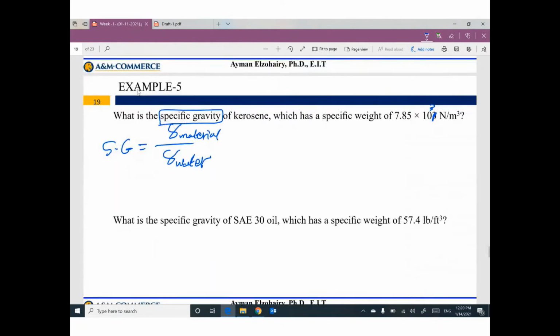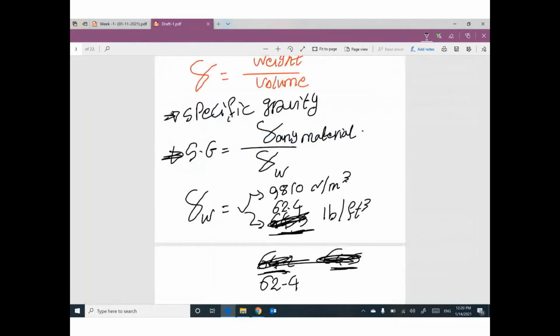Gamma of this material, which is the specific weight of kerosene, equals 7.85 times 10 to the power 3 Newton per cubic meter. The value of gamma water is not given in the problem, but you have to remember it. Gamma of water has two values: 9,810 Newton per cubic meter or 62.4 pound per cubic feet.